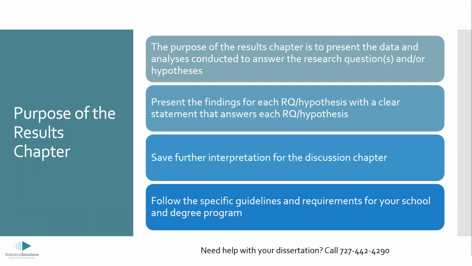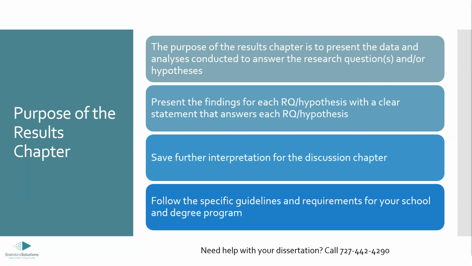So at the end of your results chapter, you should have a very clear declarative answer for every research question and hypothesis that you created for your study. But you don't really want to go much farther than that.